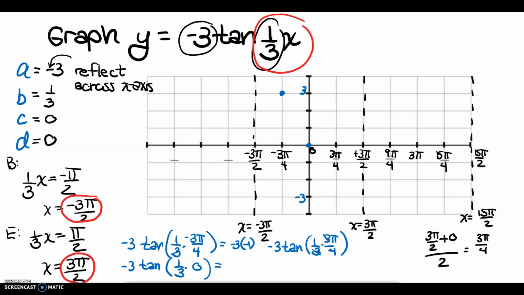The 3's reduce out. That's pi over 4. Tangent of pi over 4 is 1 times -3 is -3. So my graph is going to look a little different than the graph before. It's almost going to look like, oh, that's a horrible graph. Don't draw your graphs like that.